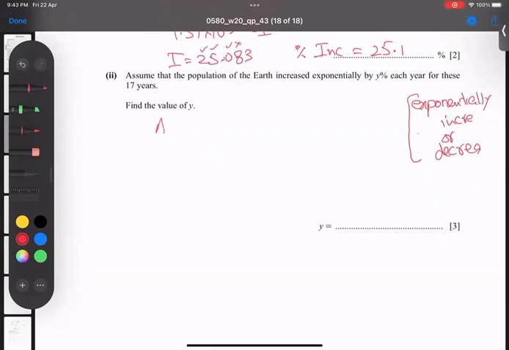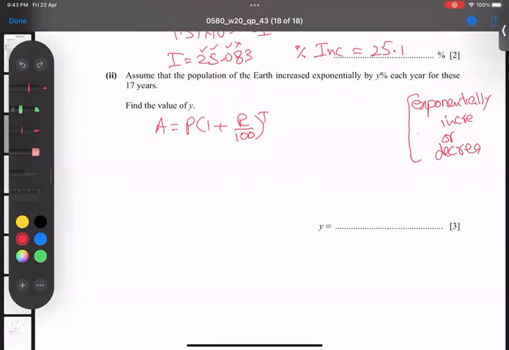So what is the formula? A is equal to P times (1 plus R over 100) to power T in the case it is increasing. If it's decreasing, then we must write a minus sign here. Okay, so let's continue.